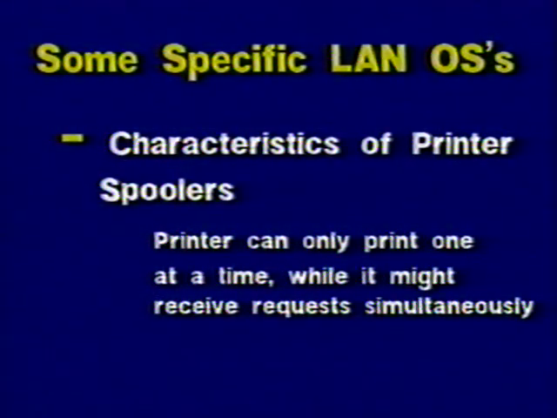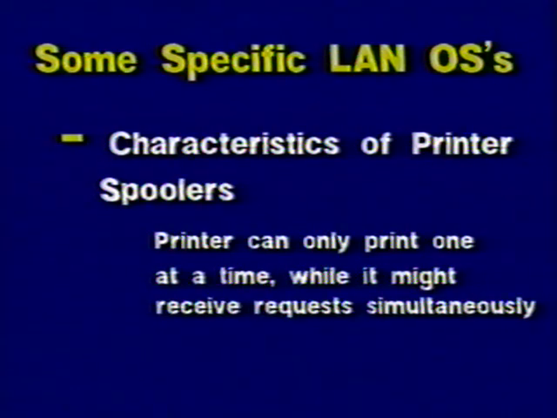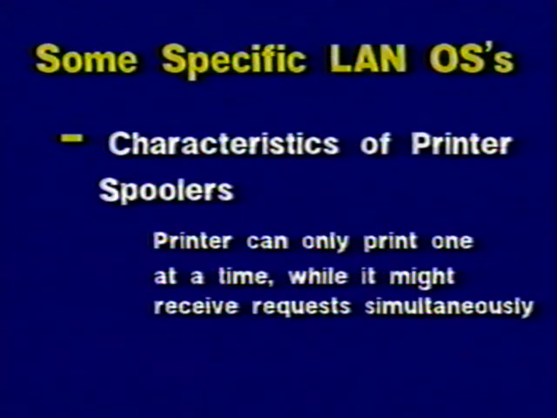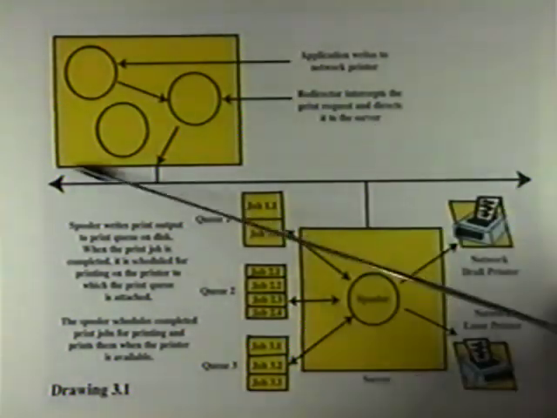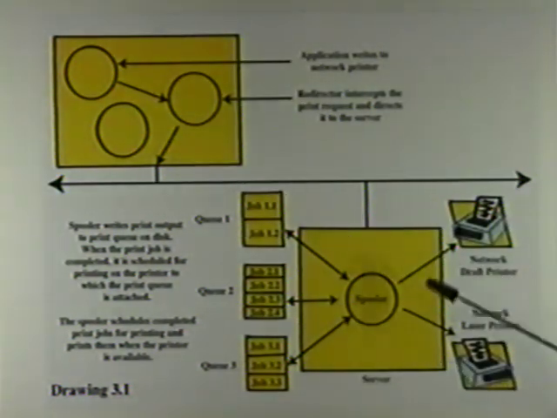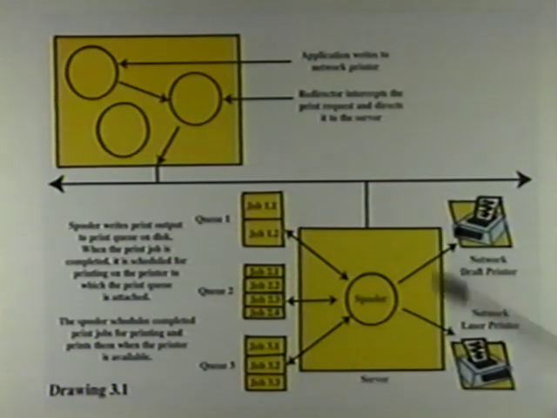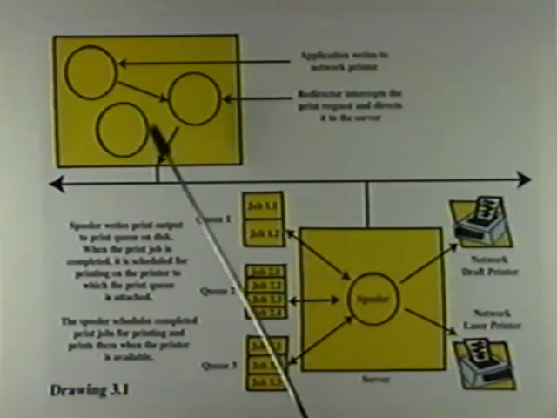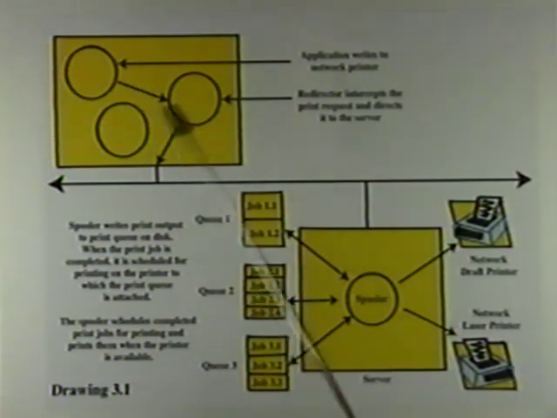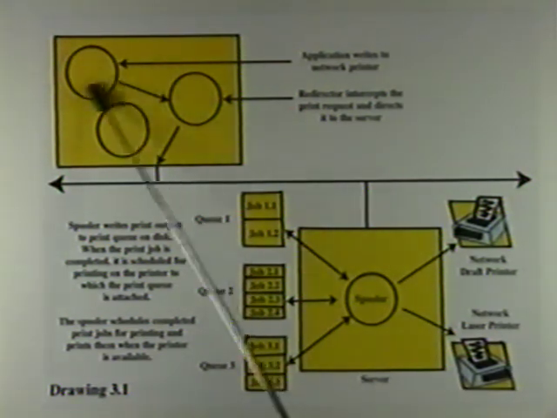Let me start with the diagram and briefly go over the function of a printer spooler. We have a workstation up in the upper left, and a printer server down in the lower left. I've left the modules blank to help you imagine what these circles were.